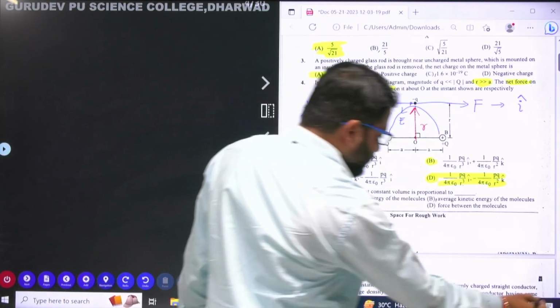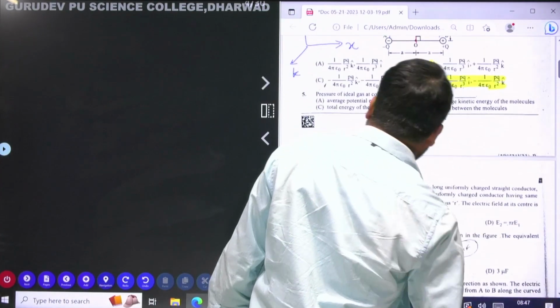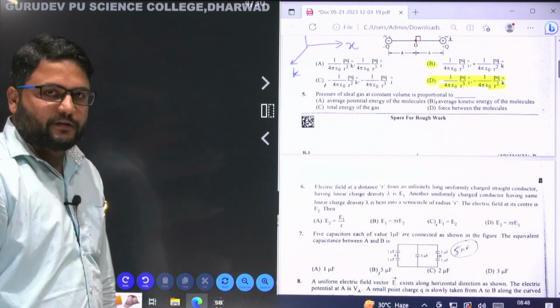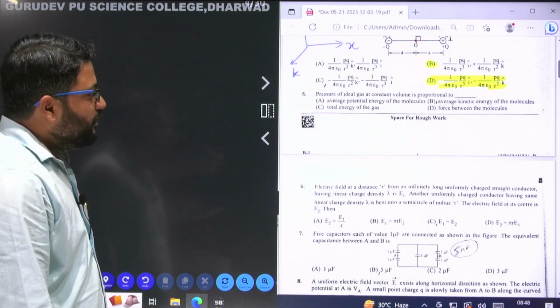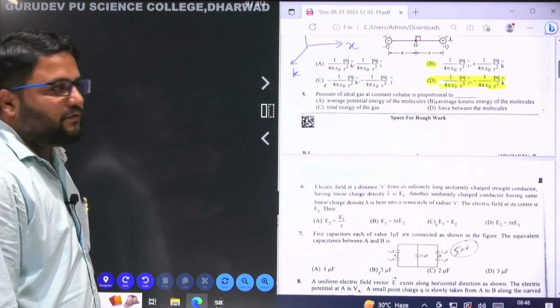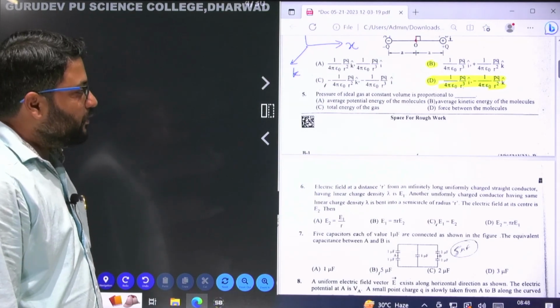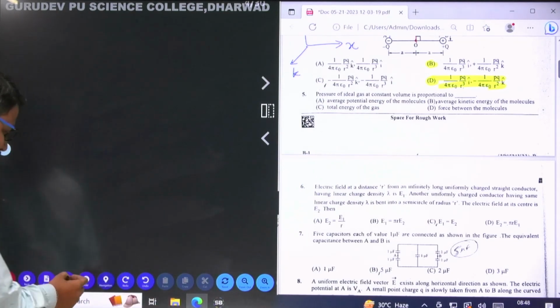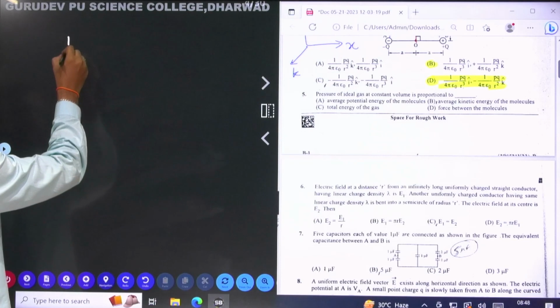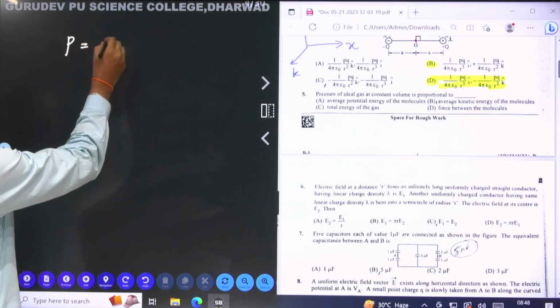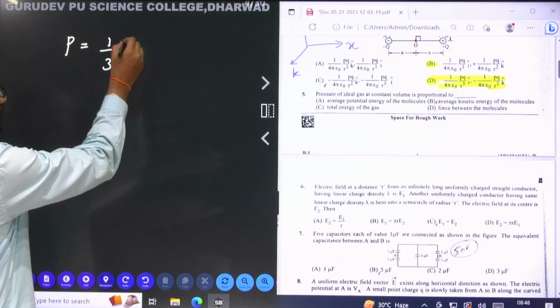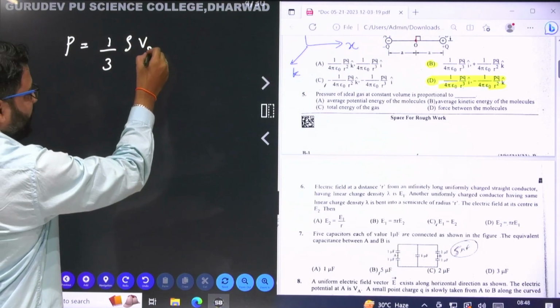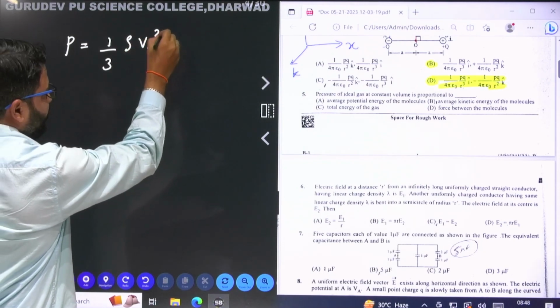Question number 5 is on the kinetic theory of gases, the pressure concept. Pressure of an ideal gas at constant volume is proportional to... We have already studied the pressure concept. Pressure is given as 1 by 3 rho VRMS square.